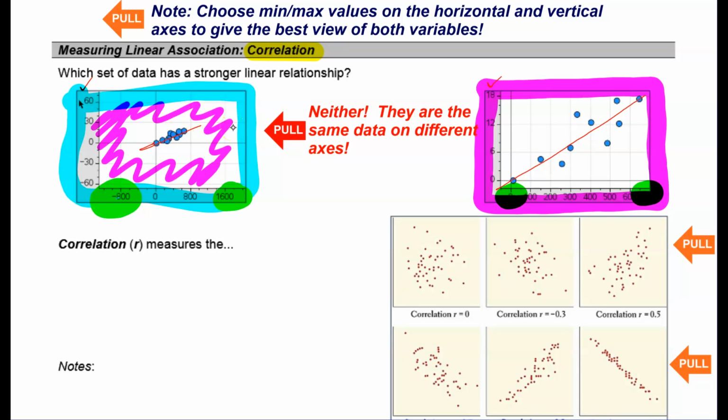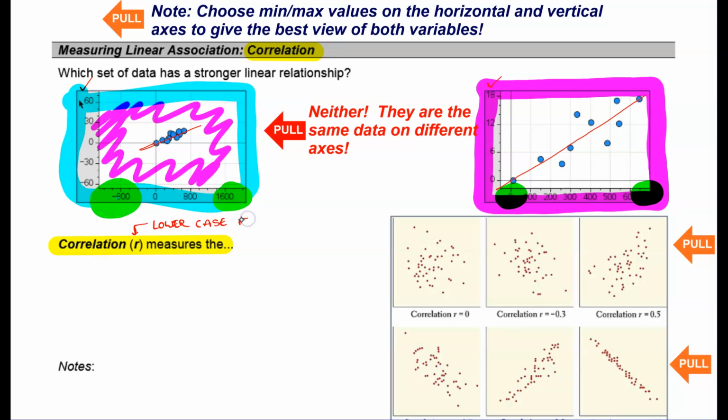So the whole idea here is that our eyes can be tricked based on how we choose the axes. What we choose as our scale on the horizontal axis and on the vertical axis means there's got to be a better way for us to judge the strength of a linear relationship, and that's where correlation comes in. For correlation, we use the symbol lowercase r.